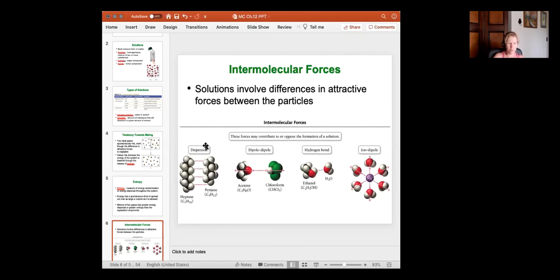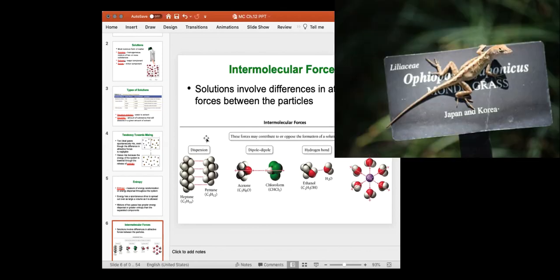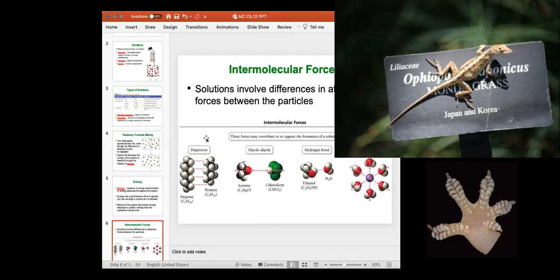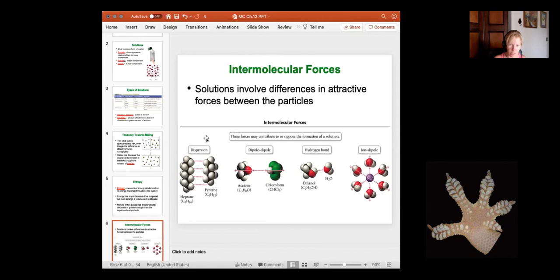My favorite example of dispersion force is a lizard, geckos in particular. Geckos can run up walls, and it's not because they suction onto the walls, which used to be a thought, but because they have these intermolecular forces, specifically dispersion forces, and they have hundreds of thousands of them happening between the pad of the lizard, which has these thin hair-like structures, and whatever surface it's on.